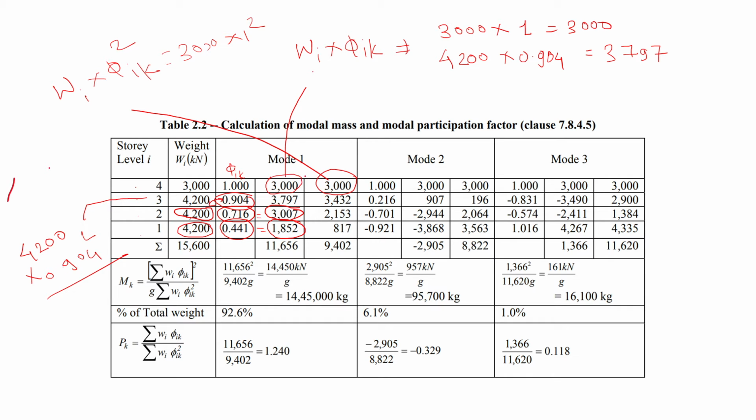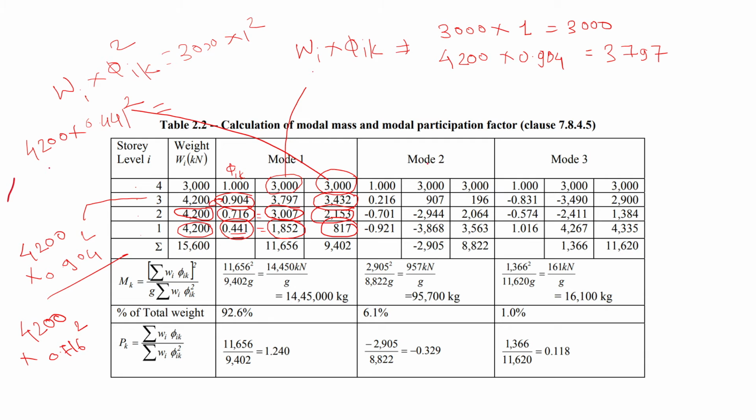If you do the multiplication, you will get 3432. Similarly, 4200 multiplied by 0.716 squared, you will get 2153. And finally, 4200 multiplied by 0.441 squared, you will get 817.